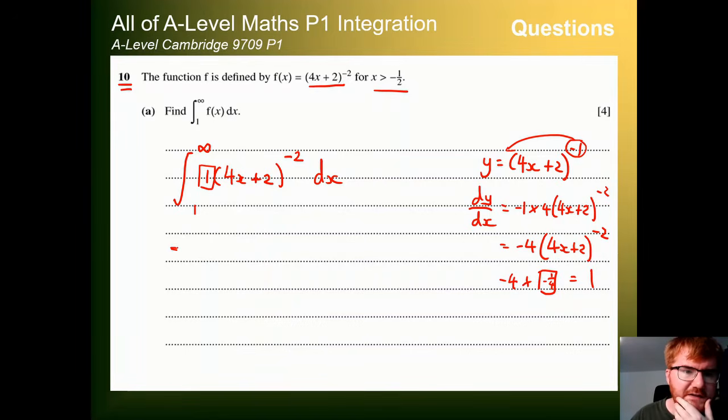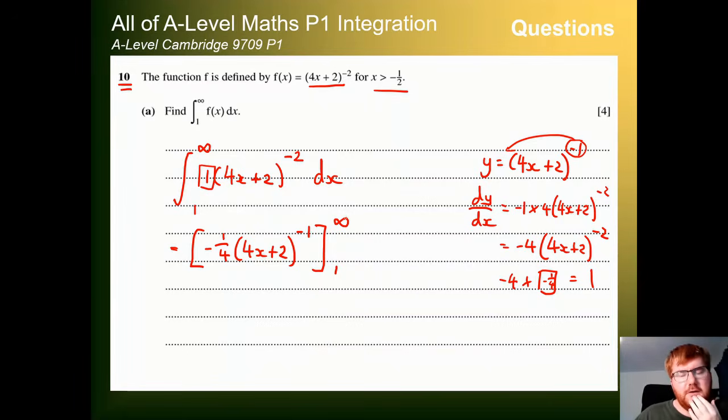So when we integrate this, we have to be slightly careful. We then get minus a quarter (4x plus 2) to the power of minus 1. And this is between 1 and infinity. Okay, that seems fine. So then we just need to substitute things in.